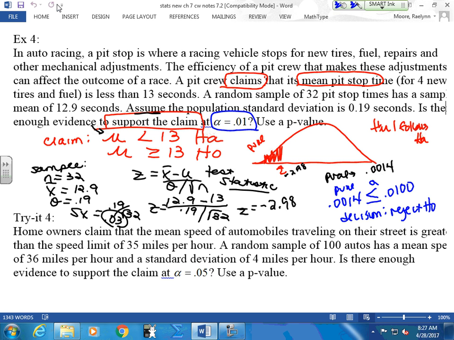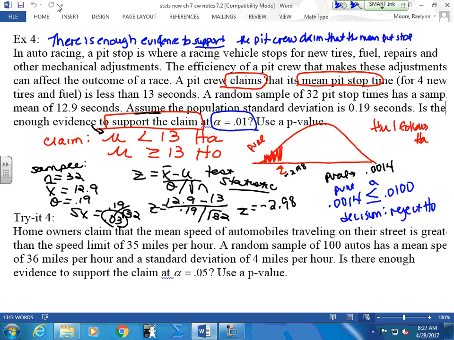So I'm going to say, there is enough evidence to support the pit crew claim that the mean pit stop time is less than 13 seconds.